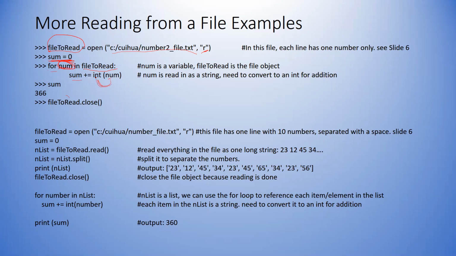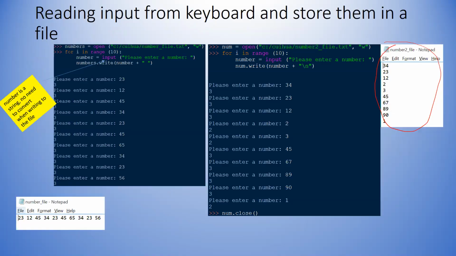Num is a variable, file to read is the file object. Num is read in as a string, and we need to convert it to an int for addition. So you read each one, convert it to an int, and add it to sum, accumulating the sum. That is the sum of that list of numbers, if you remember.